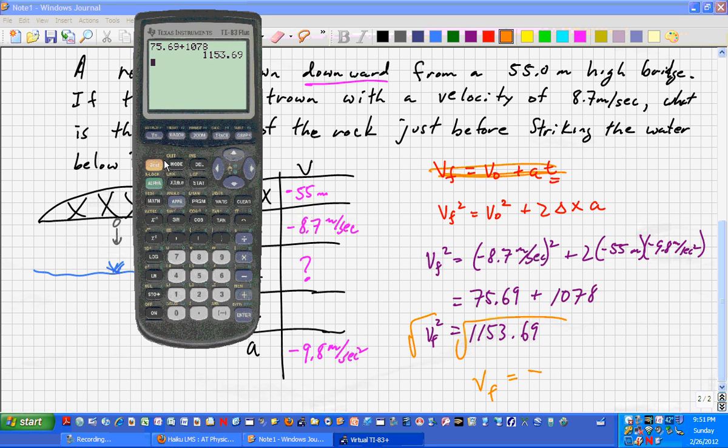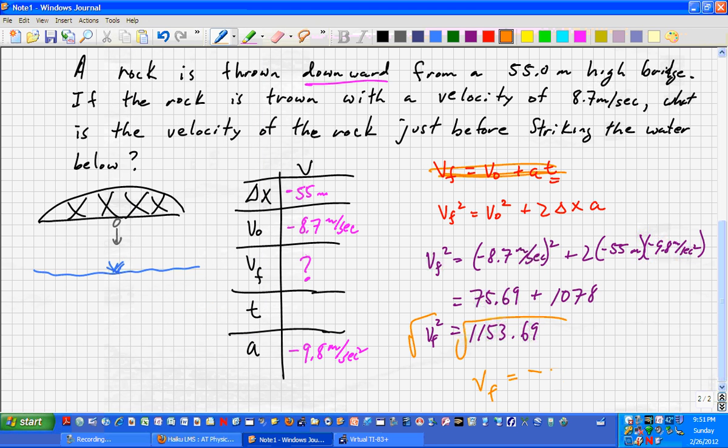So that's going to be the square root of the answer, which is going to be 33.96. So I'll just call it 34. Negative 34.0 meters per second. That's it. That's how it's done.